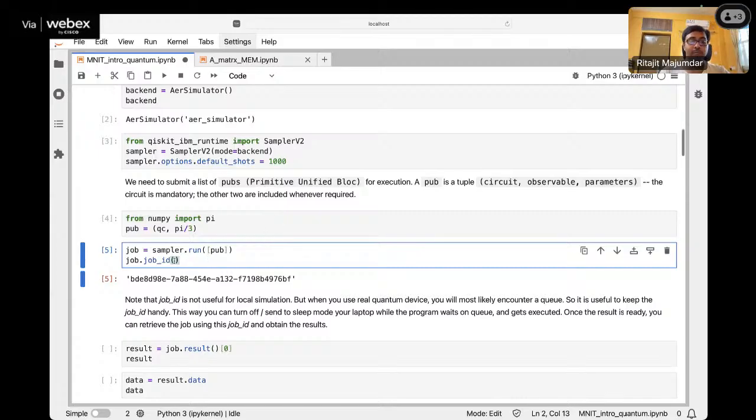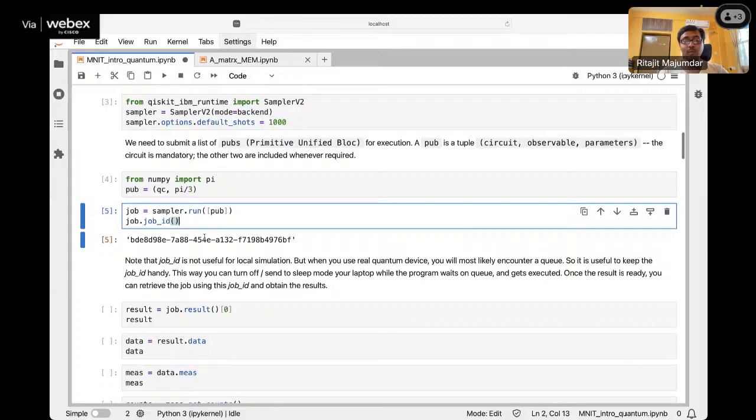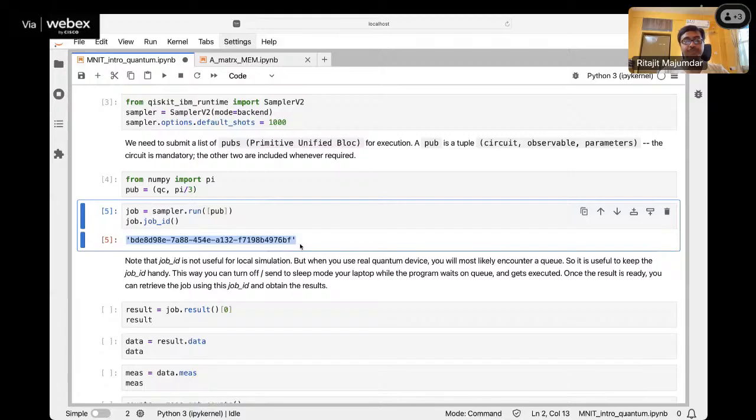So a very good practice is to keep a note of the job ID. When you keep a note of the job ID, you can just go ahead, turn off your internet, turn off your computer, do other work, and say you come back after 5 hours and you check that your circuit has already run. If you know this job ID, you can retrieve all information from there.